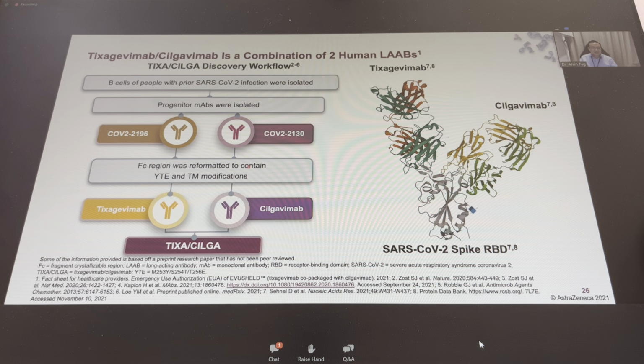Not only that, they reformatted the Fc region to contain the YTE modification to increase the duration, and the TM modification to increase the neutralizing activity of the treatment. So then, this is where we see the tixagevimab and the cilgavimab, and both together they create Evusheld.